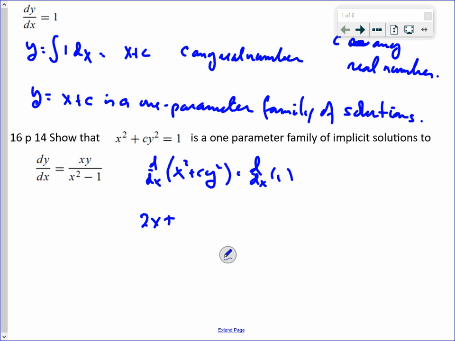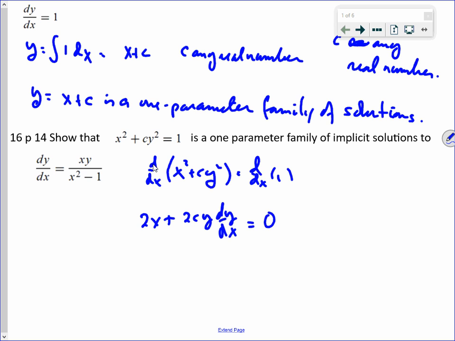The derivative with respect to x of c times y squared, well, the power comes out in front, 2cy. That's the power part. Now take the dy dx. And the derivative of 1 is just 0.